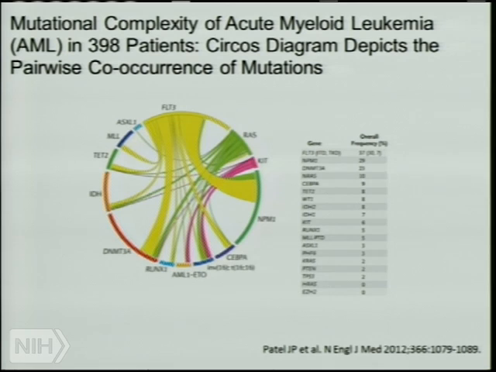So it's interesting when they've done this kind of Circos diagram that the signaling mutations are linked. You never have two signaling mutations. They're non-overlapping, but they are linked to these more epigenetic mutations, these landscape mutations, is what people are calling them. So you need an aberrant landscape in cooperation with the signaling pathway mutation. So every time you have a signaling pathway mutation in leukemia, you have a landscape mutation.